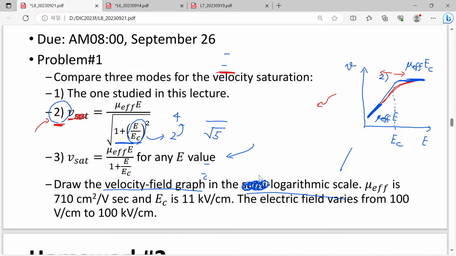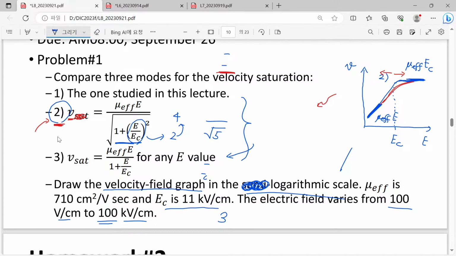Oh, sorry about that. The mobility is just given as 710, and the critical electric field is given. This is a material quantity. The electric field varies from 100 volt per centimeter to 100 kilovolt per centimeter, so you have to draw 3 orders of magnitude difference in your electric field. Then you will clearly see the difference.